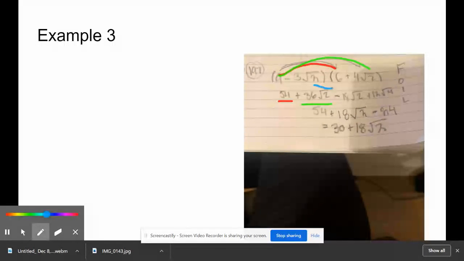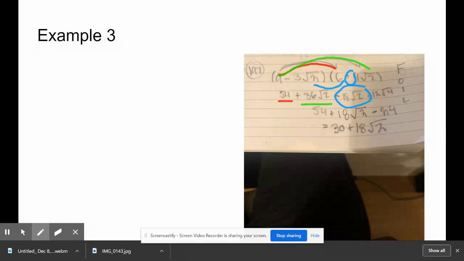My inners, I have -3 square root 2 times 6. There's a plus sign here, so that 4 isn't there. So square root 2 stays, and then you just multiply the 6 and the 3. Gives you -18 square root 2.